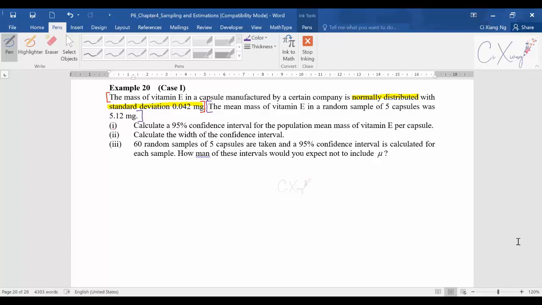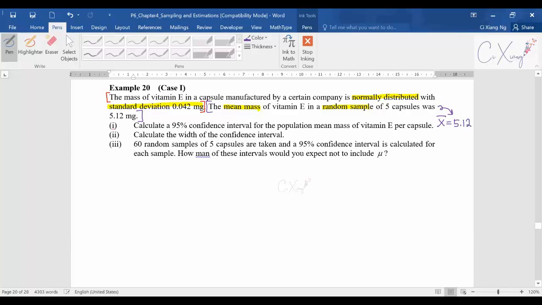Now for the second sentence, if you read through it again, they are talking about mean mass, and also a random sample. So that means for this second sentence, they are talking about a sample. So all the values here will be the values for sample. As an example, they say the mean mass. So mean mass means the sample mean, and is equal to 5.12.